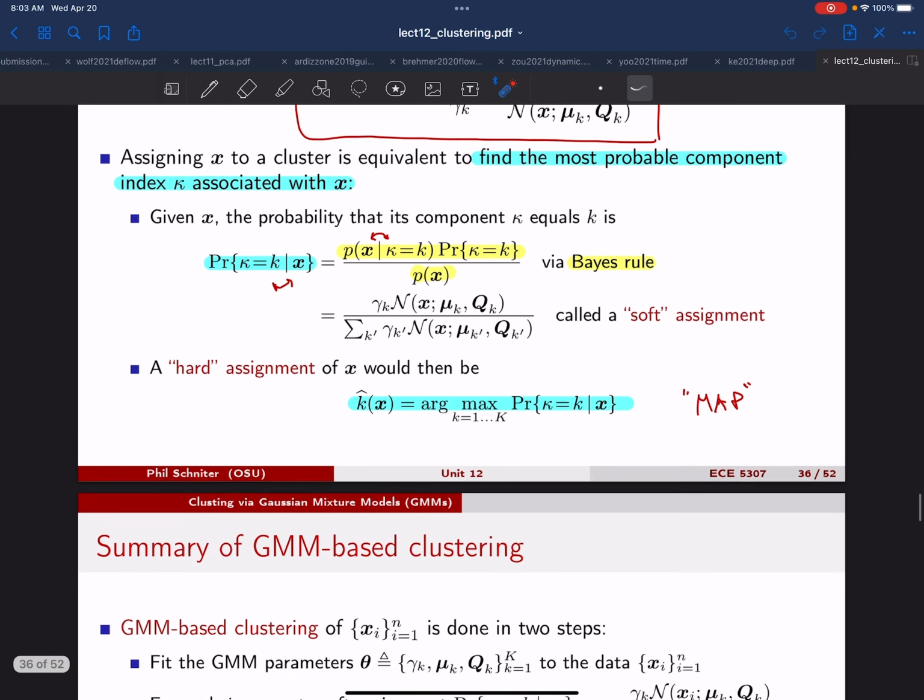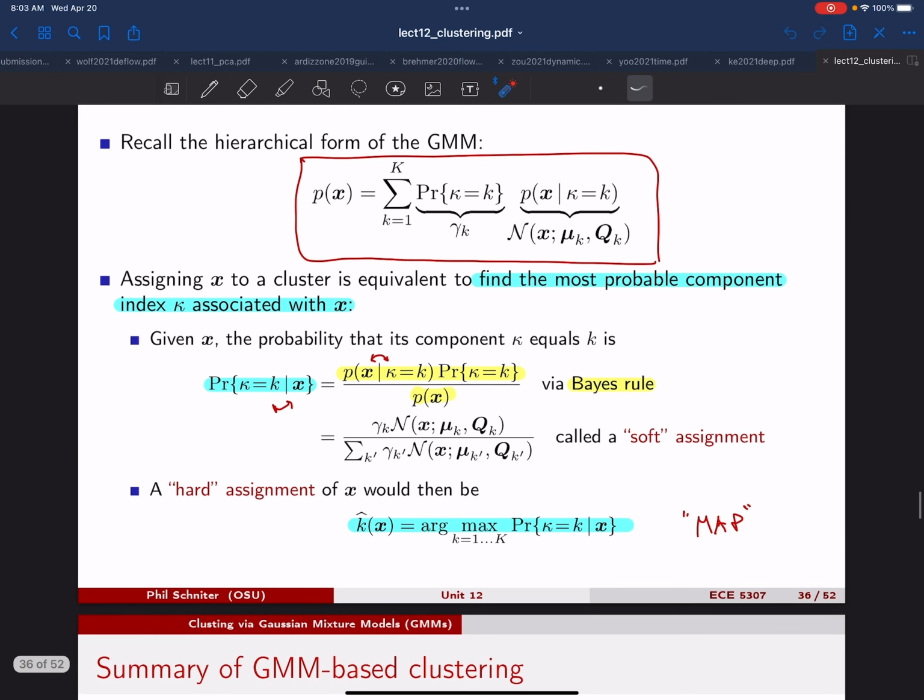Based on this, we said that we can view clustering as essentially computing a probability. If you give me a test point X, then I want to compute the probability that kappa equals k for each of the different possible k's given X. So these conditional probabilities tell us the clustering of that X.